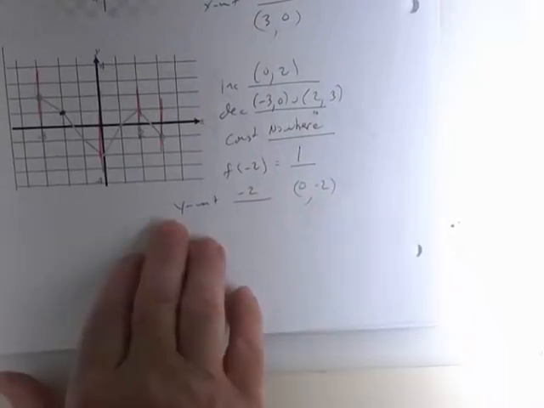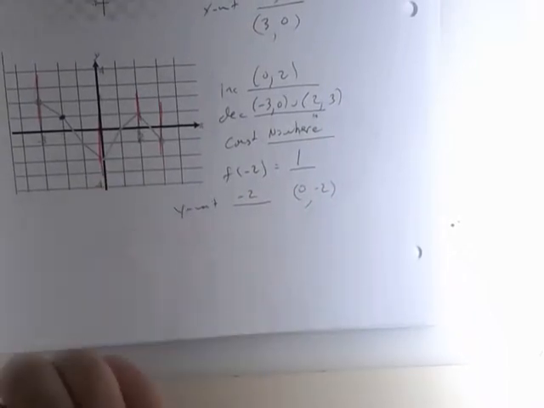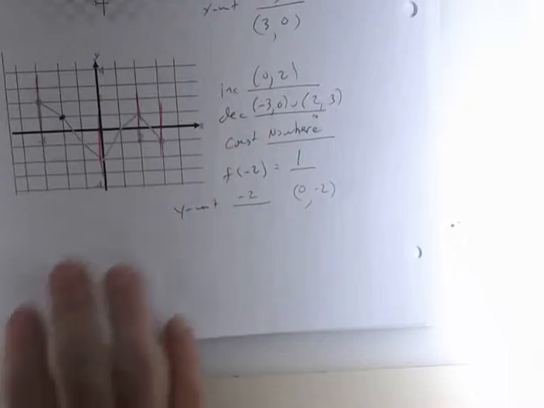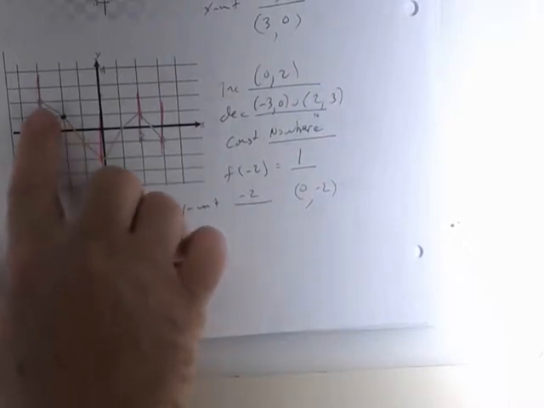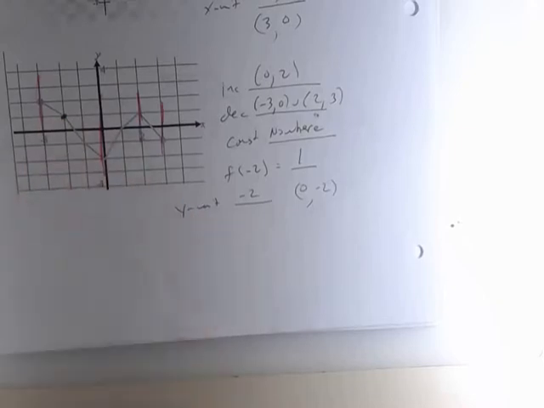But remember, the y-intercept is where the graph crosses the y-axis, and the x-intercept is where the graph crosses the x-axis. Now, on all of these, are all these functions? How do you know they're functions? Vertical line test. So the vertical line test says that for each of those x values, there's how many y values for each one? Just 1.